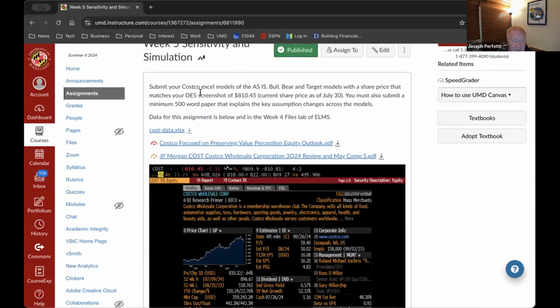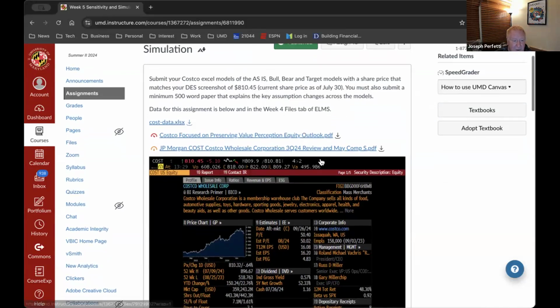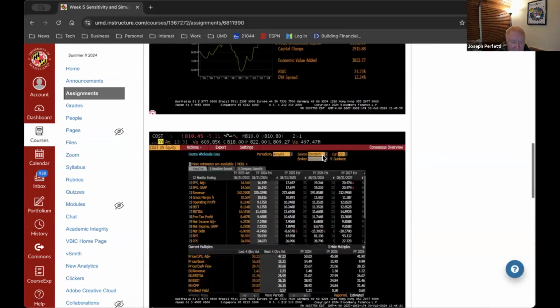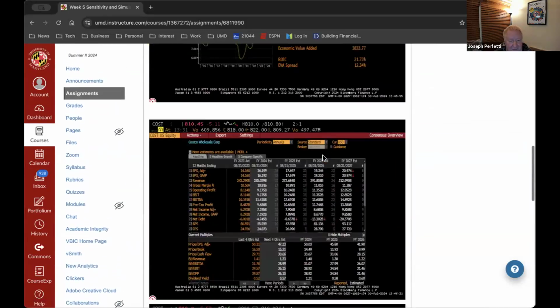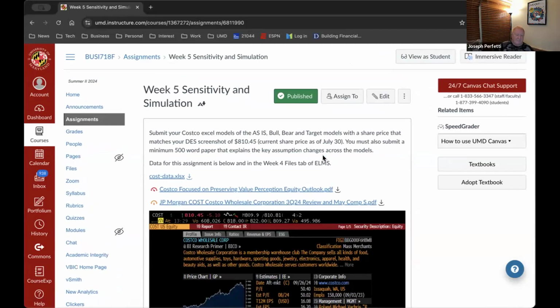So basically, this was the share price screenshot, 810.45 as of today. Here's the data for Costco. Here is a BICO and a JP Morgan report. Here are the screenshots. So again, using your model, do the same process, valuation with the 4 models of Costco, as well as write up all your changes and assumptions in a minimum 500-word paper. So you'll turn in those 5 files by next Tuesday.